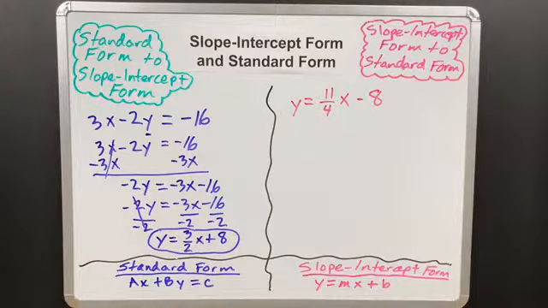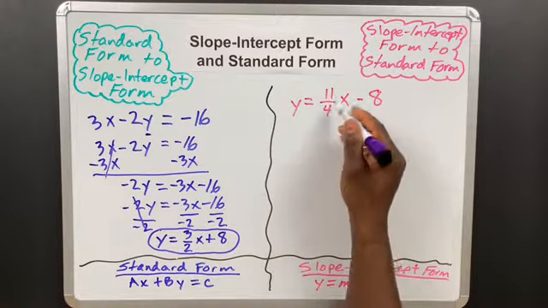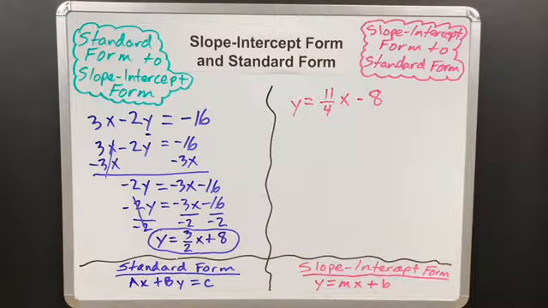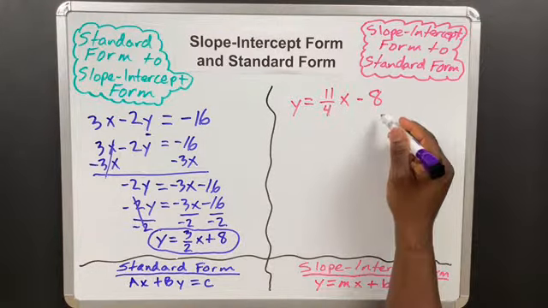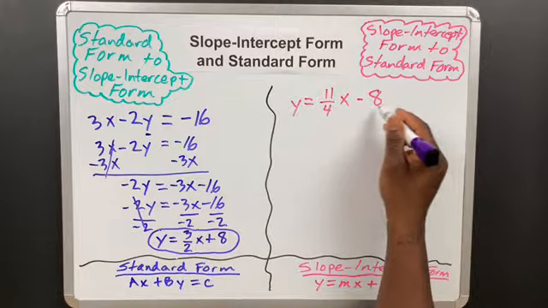Now in this particular problem, what we want to do is convert this, which is written in slope-intercept form. The slope is 11 over 4, and the y-intercept is negative 8.